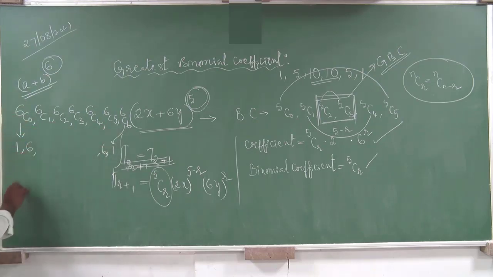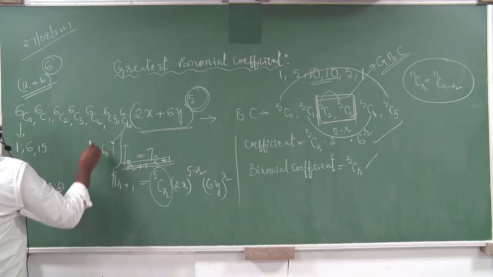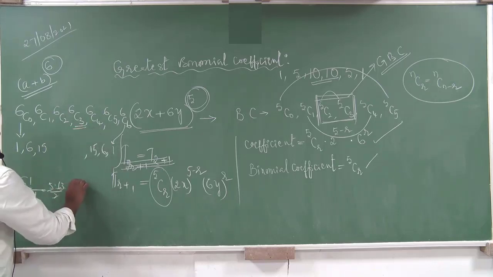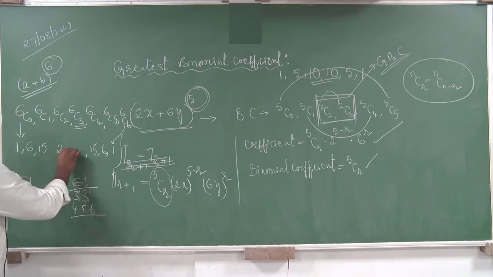What is the 6C2 value? 6 factorial by 4 factorial into 2 factorial, you will get 15. 6C4 is also 15. Last, 6C3: 6 factorial by 3 factorial into 3 factorial, you get 20.